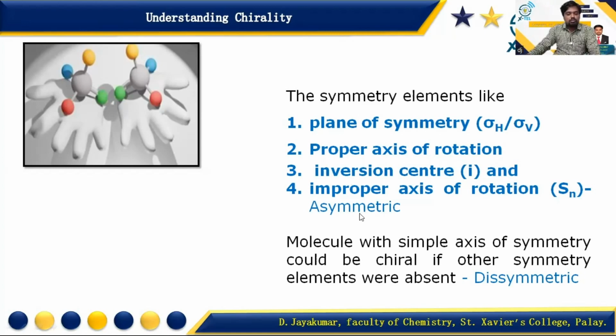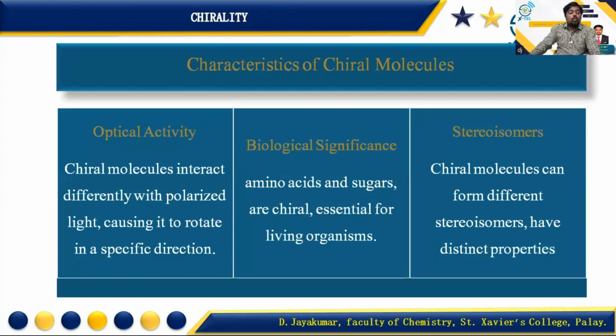Such systems also possess chirality. So I'll sum up. The carbon which is asymmetric will show chirality. However, the carbon having only one of the 4 elements, that is the proper axis of rotation, with the rest of the 3 absent, is called a dissymmetric carbon and that also shows chirality. Clear?